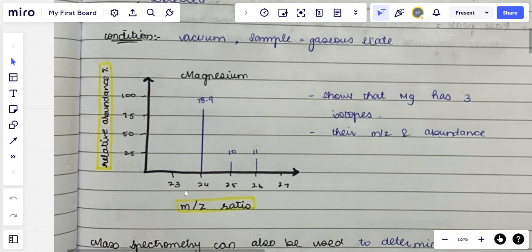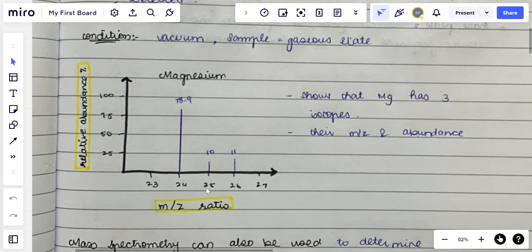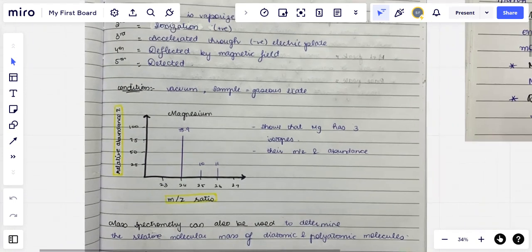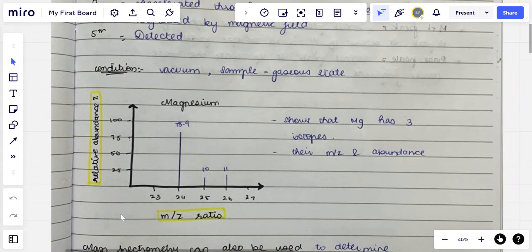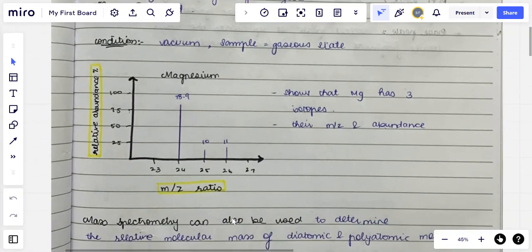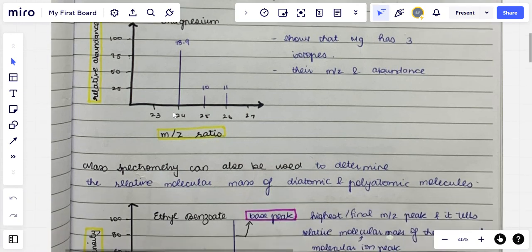So the most abundant is 24, the isotope of magnesium which has a mass to charge ratio of 24. So you can easily make out from this mass spectrum that magnesium has three isotopes, right? Because there are three peaks, and you can find out their mass to charge ratio and their relative abundances, respectively.